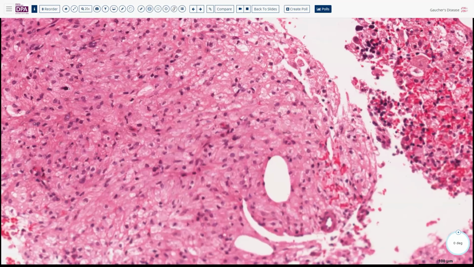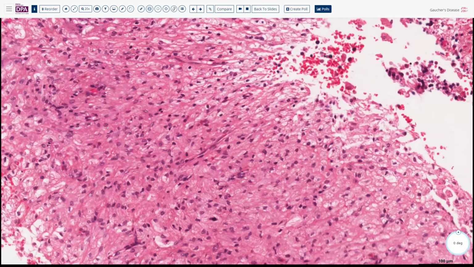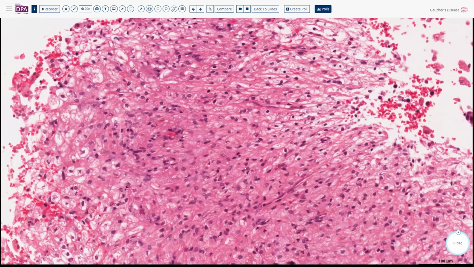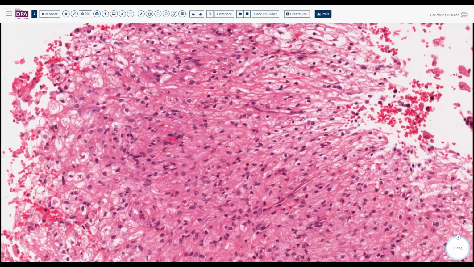And in fact, as we delved a little bit further into the patient's history, indeed, that's what we discovered, that this patient did have a storage disease, which was characterized as Gaucher's disease.